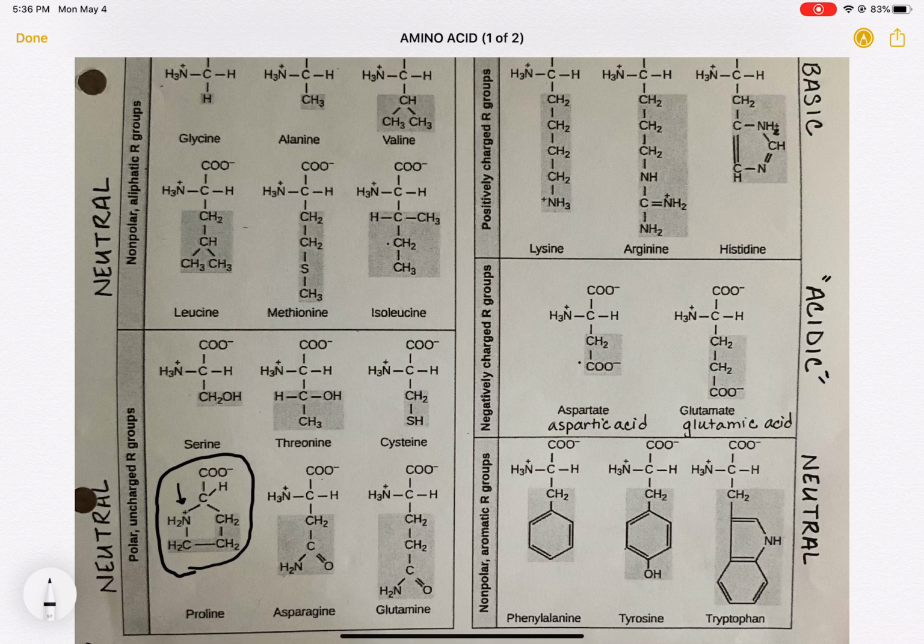That should be a basic amino acid, but it's not. Now, I'll tell you that if you are looking at a different data table somewhere else, a different data table may very well classify this amino acid as being basic.